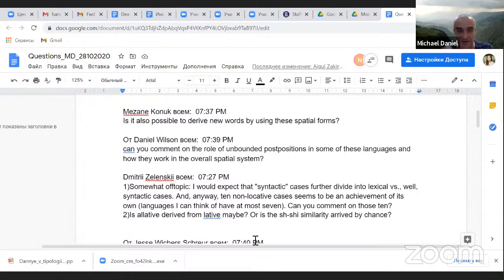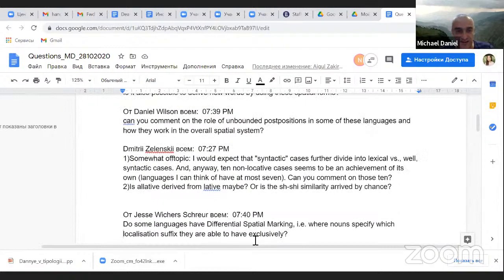Syntactic cases further divide into lexical versus syntactic cases. Yes, as I hope I showed in the second part of the talk, I divided the paradigm into syntactic and spatial forms somewhat arbitrarily, by the properties of the morphological design. Of course, there are much more abstract cases like ergative, nominative and genitive, and some much more down to ground, concrete ones.